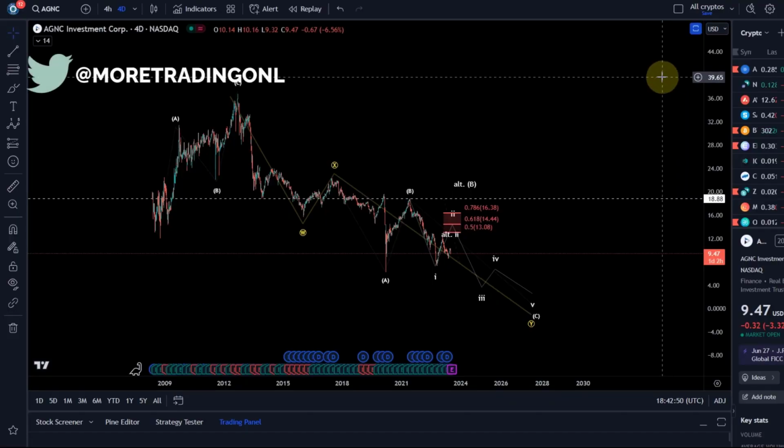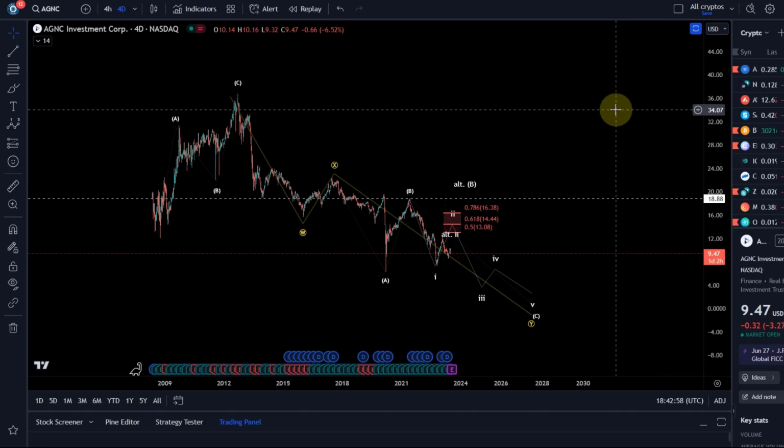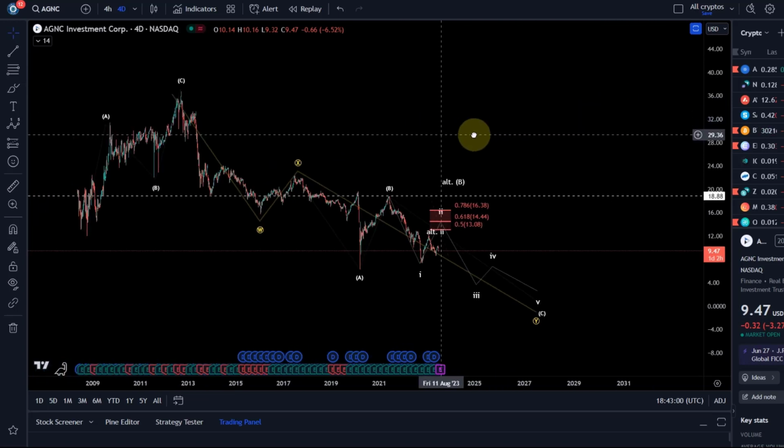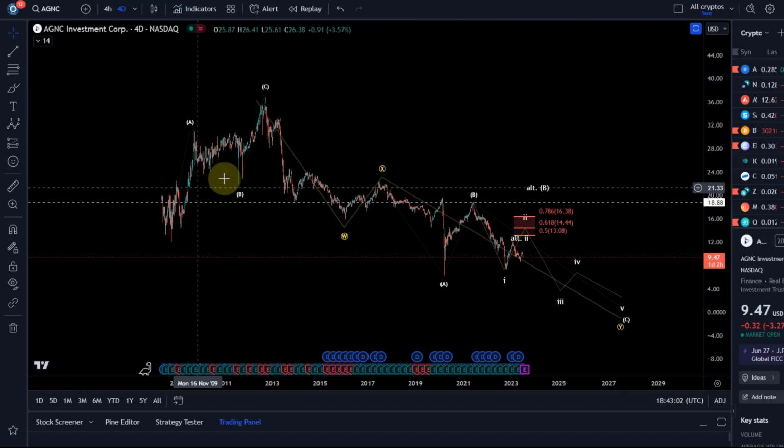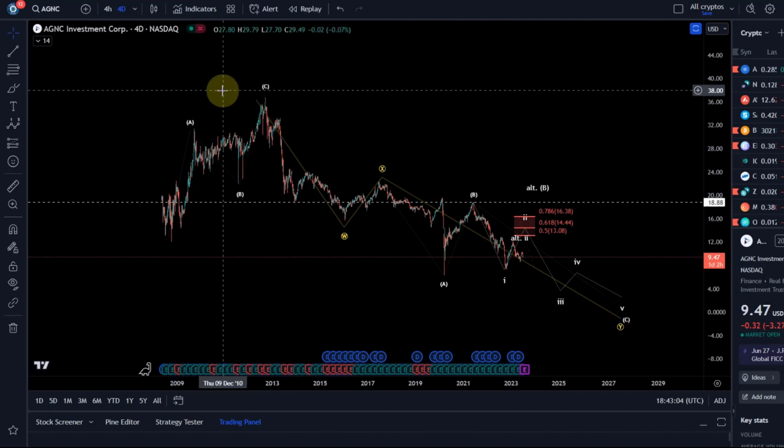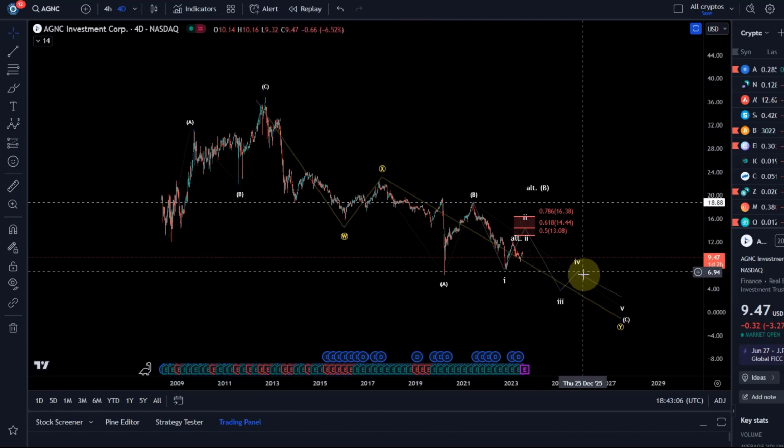We talk about AGNC, AGNC Investment Corp on the NASDAQ. So we take a look at the 4-day chart here first. First of all, what you can see is that this is a chart that is basically in a lifetime downtrend.